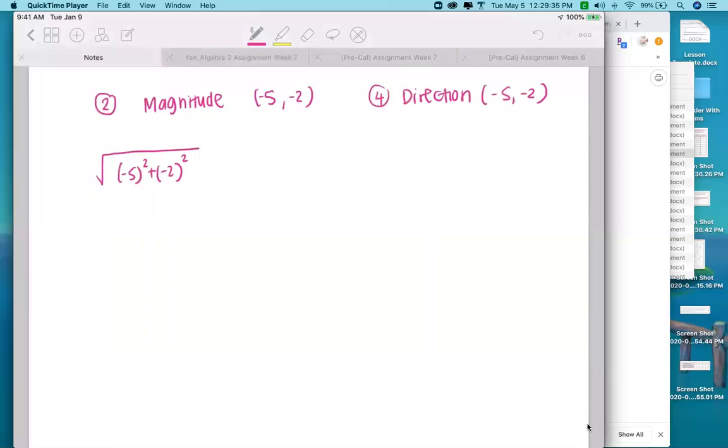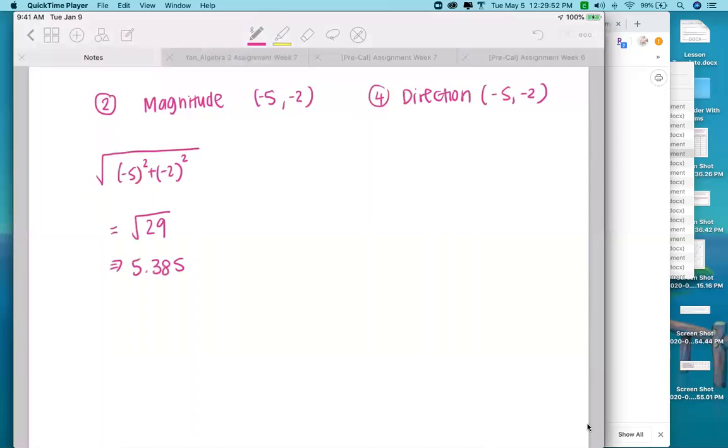When I put this together, it would be the square root of 29. And if you put it in the calculator, you should have gotten 5.385. If you said 5.4 or 5.39, that's correct.